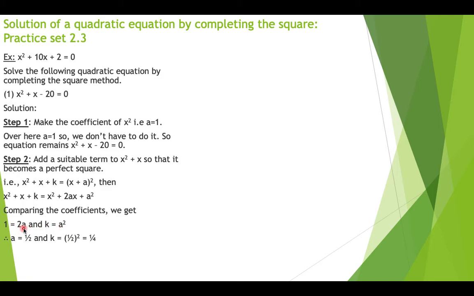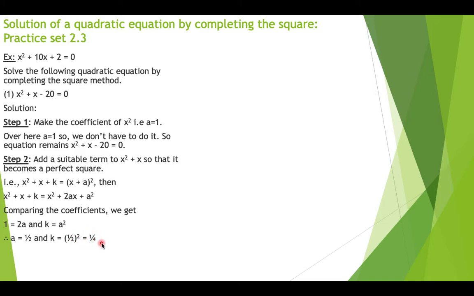Solving this, we get a is equal to 1 by 2, and substituting this value of a in k is equal to a square, we get k is equal to 1 by 2 the whole square, so it is equal to 1 by 4.